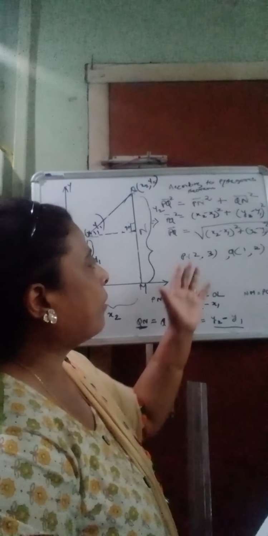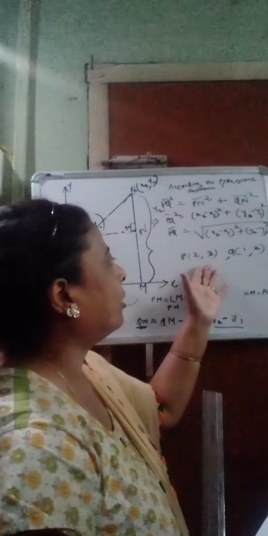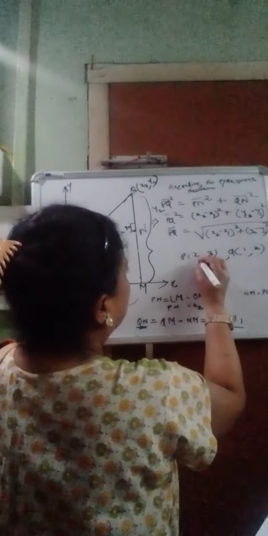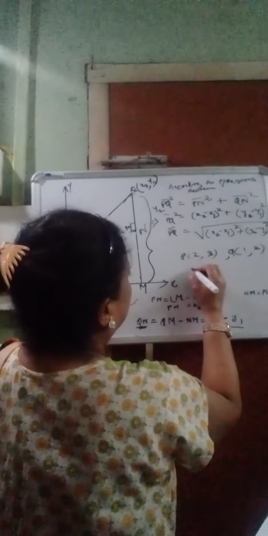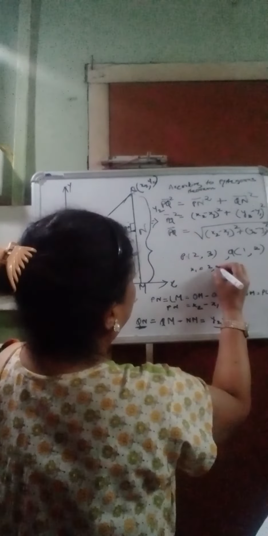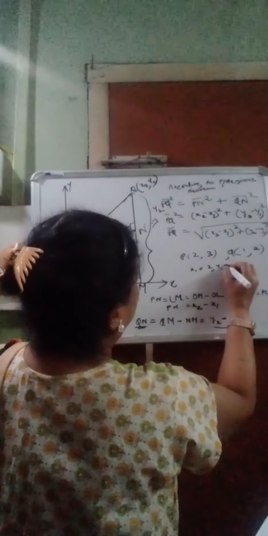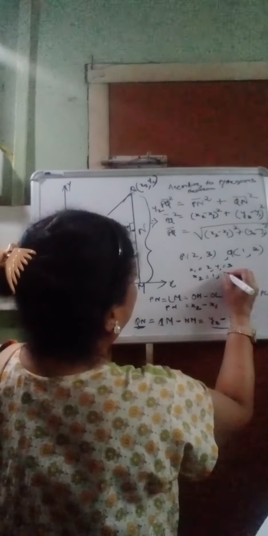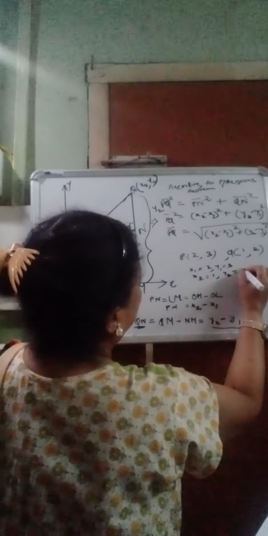So find out the distance between 2 points P and Q. In this case, x1 becomes 2 and y1 becomes 3, and x2 becomes 1 and y2 becomes 2.